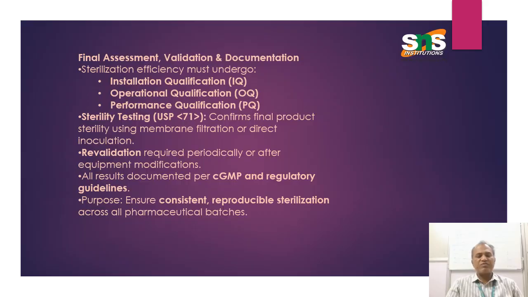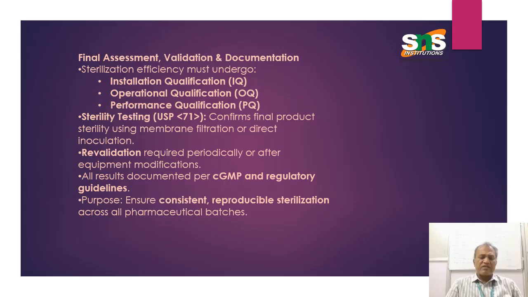Next, final assessment, validation and documentation on the industry side. So what are the final validation and documentation we are going to see? Sterilization efficiency must undergo installation qualification, operational qualification and performance qualification in industry. Especially sterility testing.